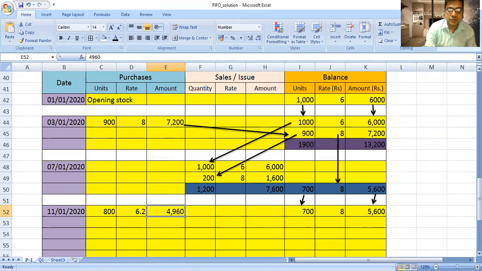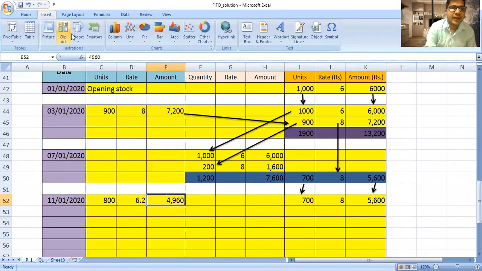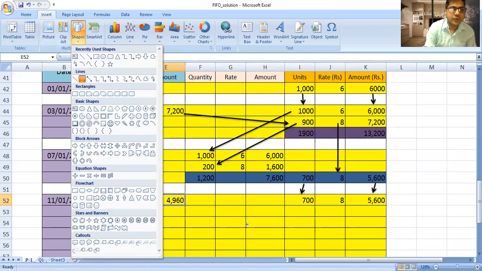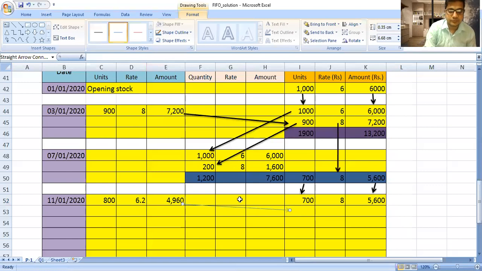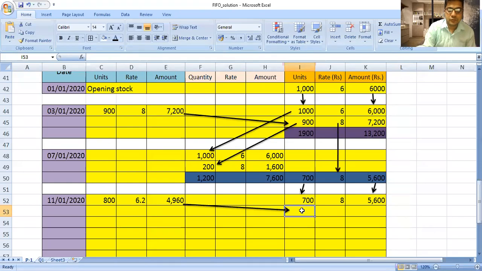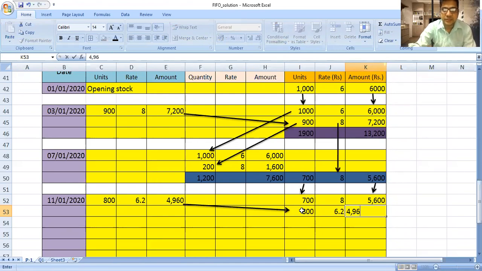This new purchase we will put as a closing value here. So their units are 800 new purchases, their rate is 6.20 and their value is 4960. So I hope you understood what is going on.